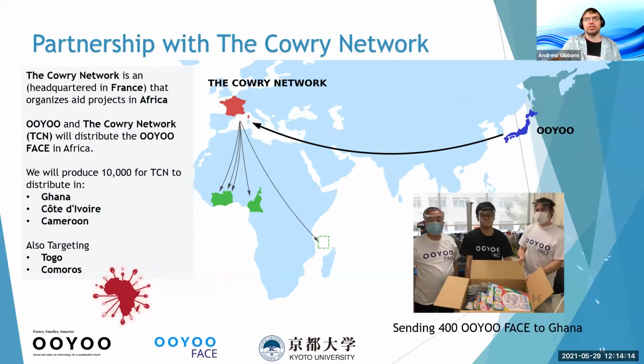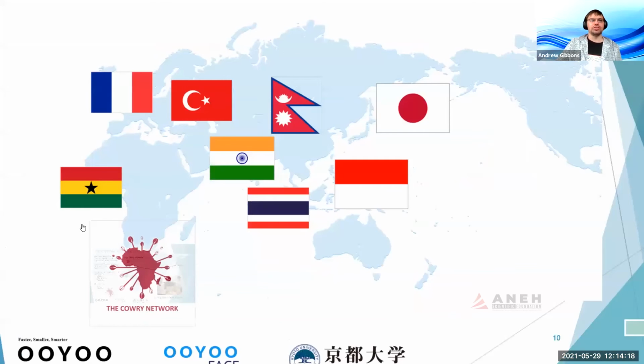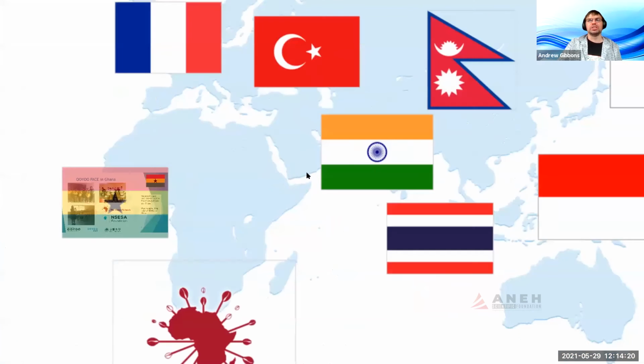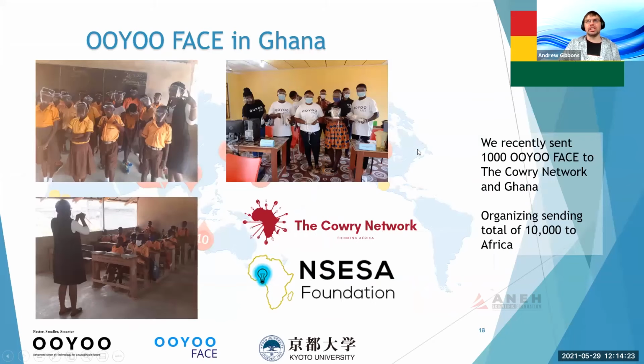This has been one of our major collaborations with the OOYOO Face. For example, they distributed the first batch to Ghana, and here are some pictures of that. They worked with the NSESA Foundation, which is a local foundation in Ghana.